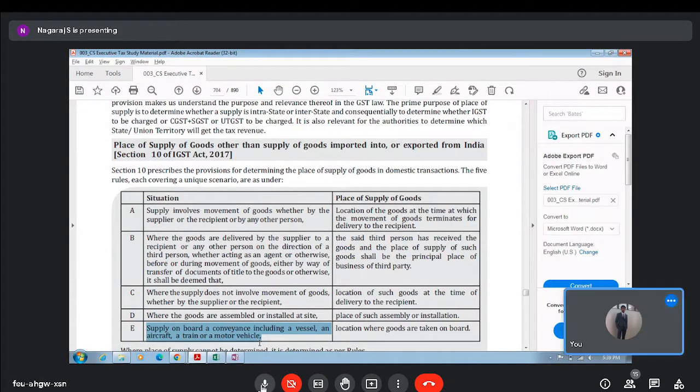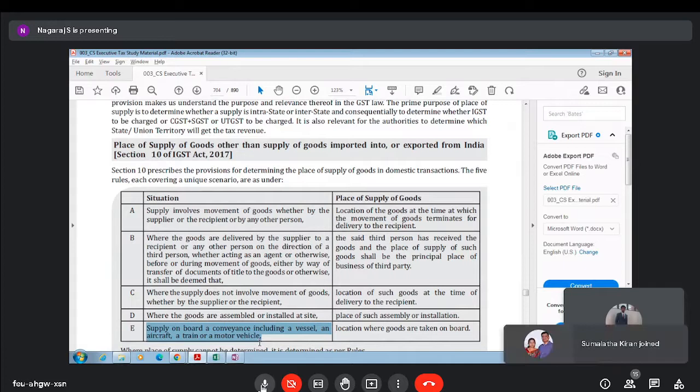Yes, sir. In that case, the place where the food is taken on board the train will be the place of supply, not where you consume.